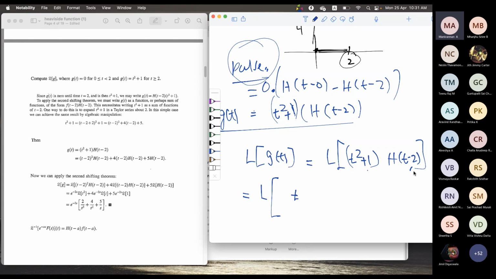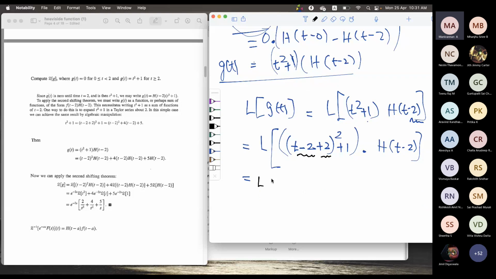Wherever t is there, we need the structure t minus 2 plus 2, so I make t square plus 1 into the form a plus b. So a plus b whole square is a square plus b square plus 2ab, right?